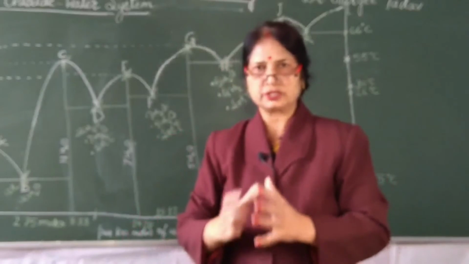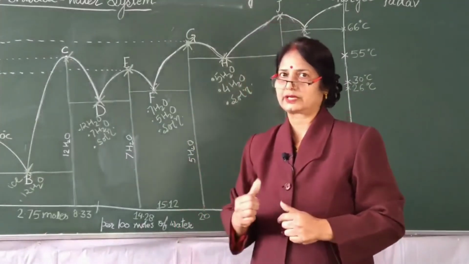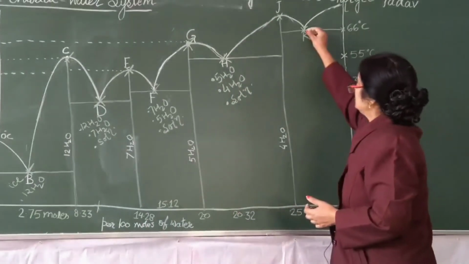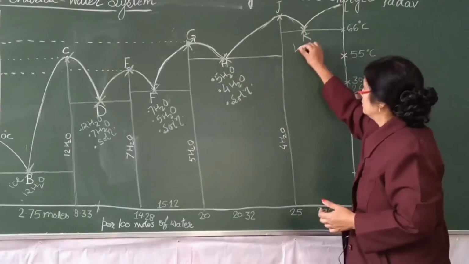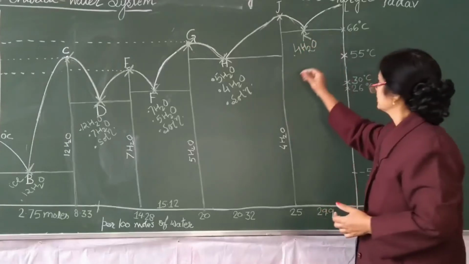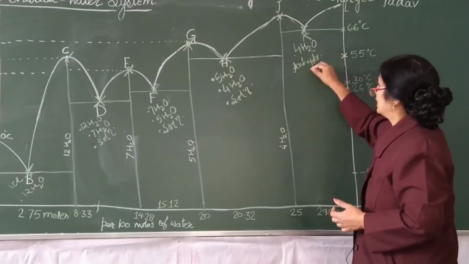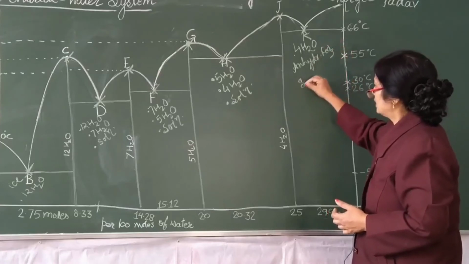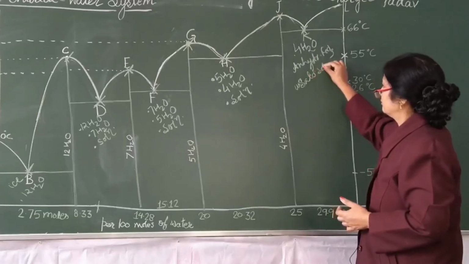So at this point K, we will have three phases, and this is our fifth eutectic point of this ferric chloride water system. The three phases which will be in equilibrium at this point are the tetrahydrate of ferric chloride, anhydrous ferric chloride, and the saturated solution of ferric chloride.